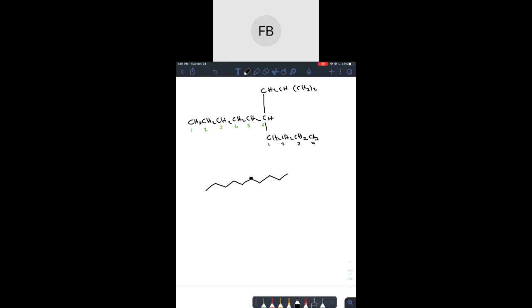From the same carbon that's right here, it has another thing coming off of it: 1 carbon, another carbon, and that carbon is attached to 2 CH3s. So you just do it like that.